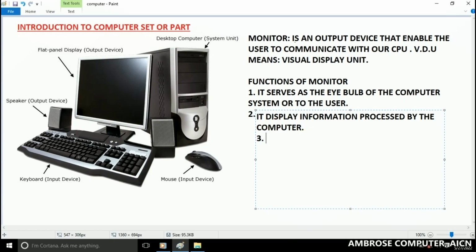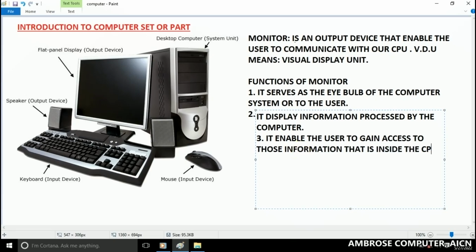Number 3, it enables the user to gain access to those pieces of information that are inside the CPU.